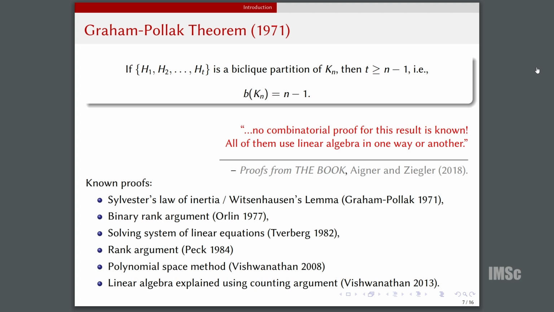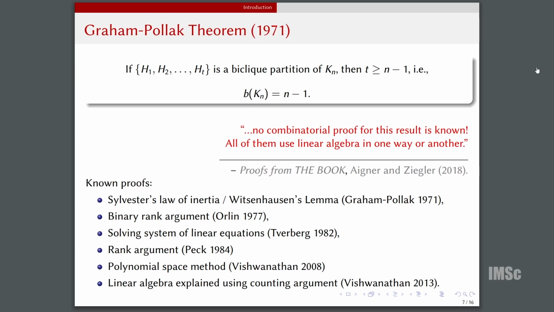The original proof was based on eigenvalues of matrices if you associate matrices with this graph. Sylvester's law of inertia basically says that if you have a matrix and you take some sort of transformation, the number of positive, negative and zero eigenvalues are preserved. So the original proof was based on that idea. There is also something called binary rank, and there is a proof based on that. I will come to this binary rank later.